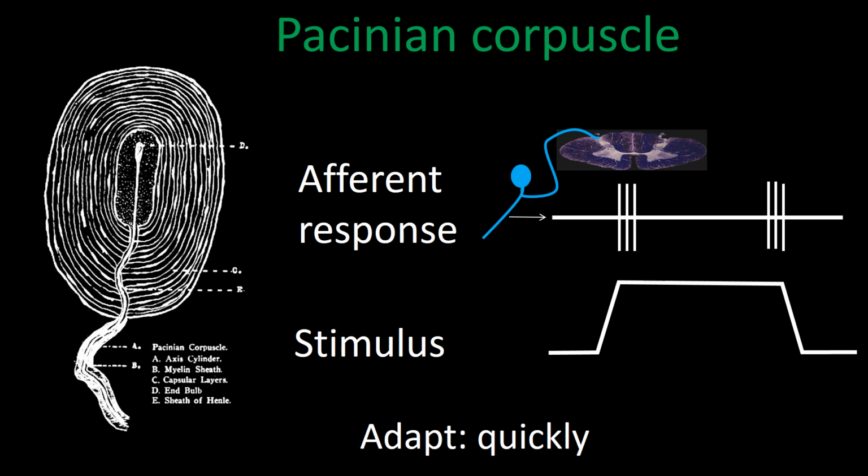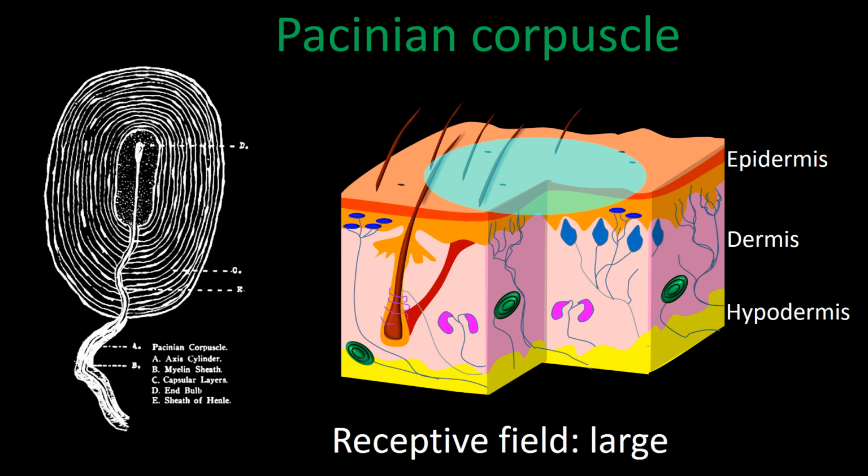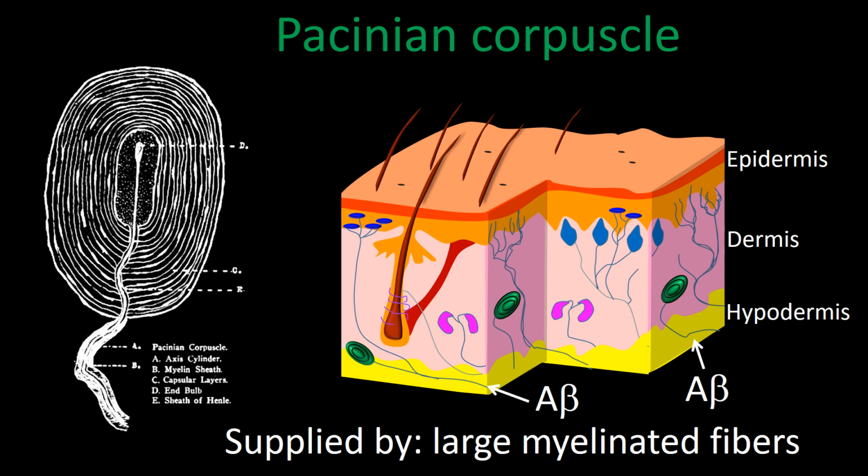They adapt quickly, implying that a stimulus, despite its duration, only produces afferent responses at the onset of the stimulus and at its termination. Pacinian corpuscles have a large receptive field. They send their signal through thick myelinated fibers labeled A beta.